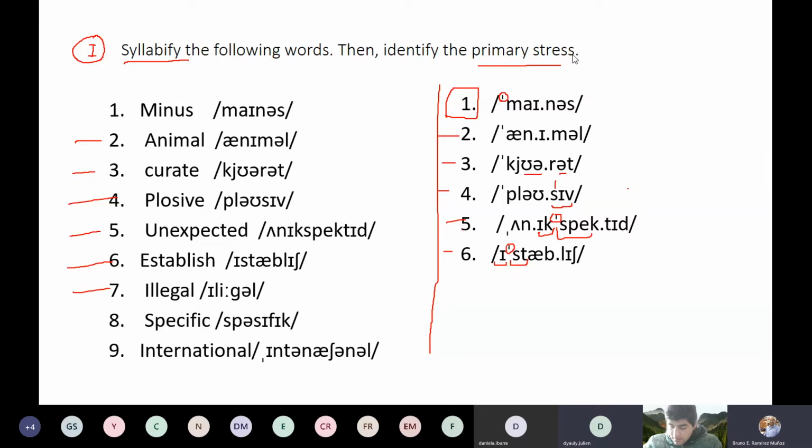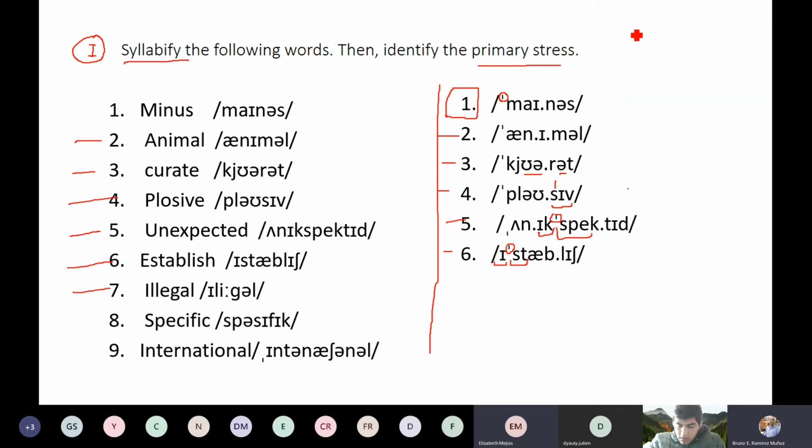Elizabeth Mejias, would you like to work with the next exercise? Okay. Illegal. It has the stressed syllable and that one, legal, maybe.